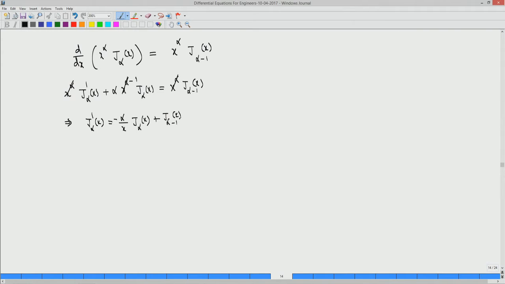This is property 1, and you also have property 2, that is the derivative of x power minus alpha times J alpha of x. If you differentiate, what we have seen is x power minus alpha comes out with a negative sign, and now you have J alpha plus 1 of x.